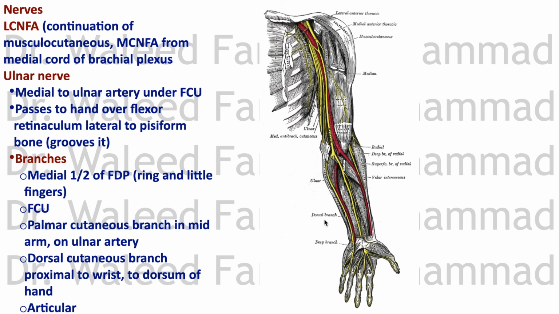The fingers are supplied by the terminal branches of the nerves. Okay, so you must differentiate between that. The palmar and dorsal cutaneous branches supply the corresponding parts of the palm and dorsum of the hand without the fingers. The fingers are supplied with the terminal branches of the nerve, and it also gives articular branches.